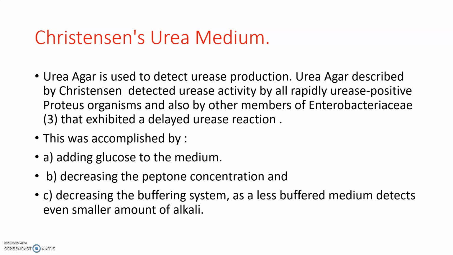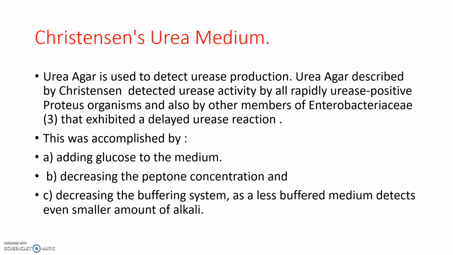Next is Christensen's urea medium. This urea agar is used to detect urease production. This urea agar described by Christensen detected urease activity by all rapidly urease positive Proteus organisms and also by the other members of the Enterobacteriaceae that exhibit delayed urease reaction.